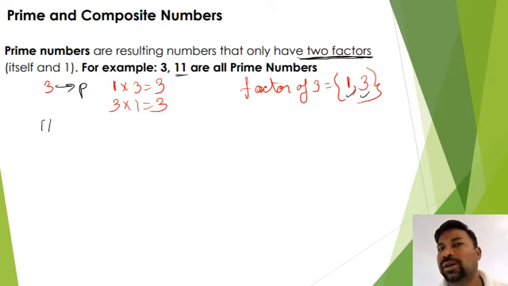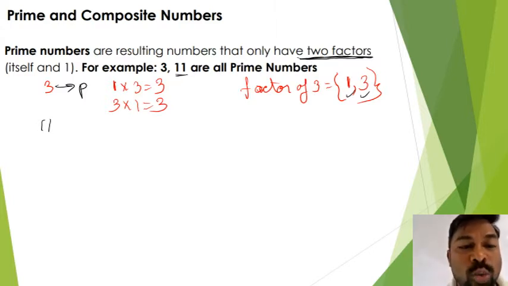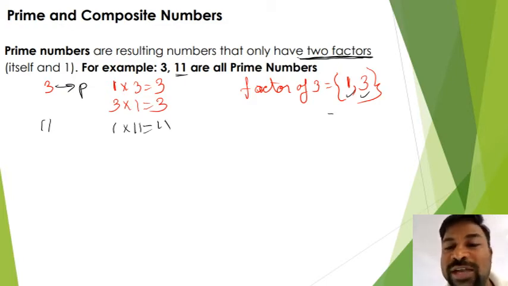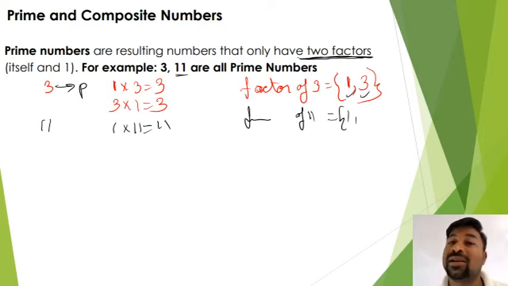In which table does the number 11 exist? Let's go for the 1 table again. 1 into 11 equals 11. So what are the factors of 11? The first one, 11 lies in the 1 table: 1 into 11 is 11.